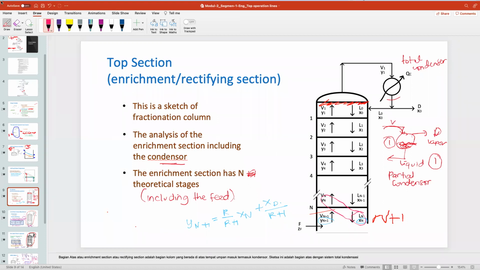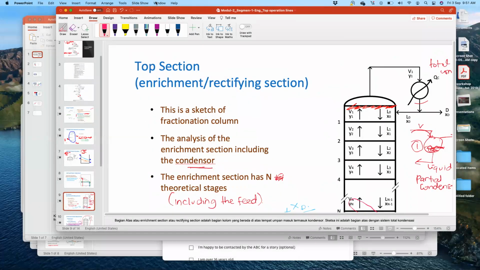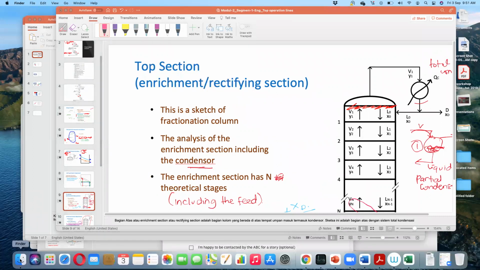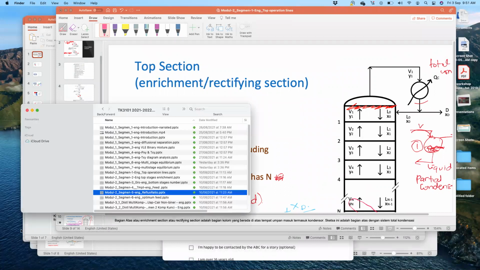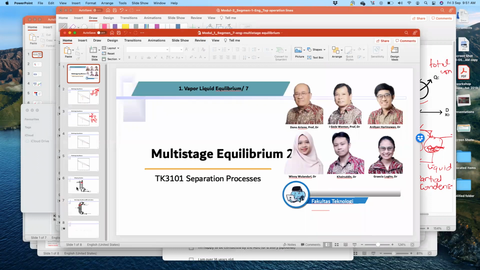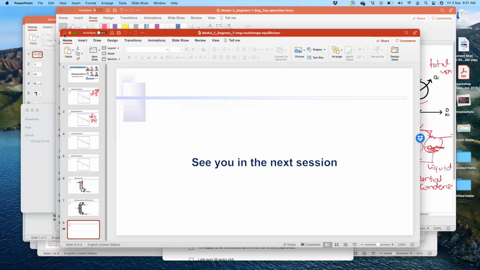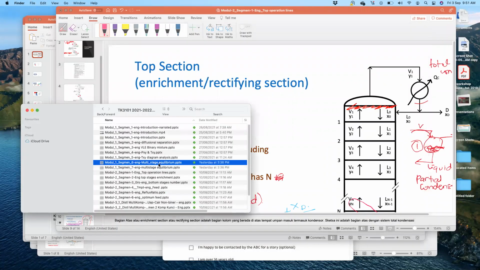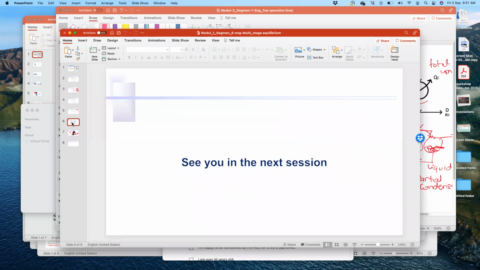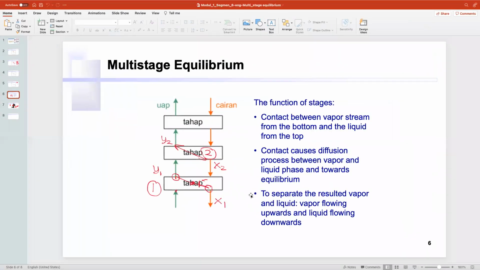Remember from my lecture a few days ago. What happens in one stage?